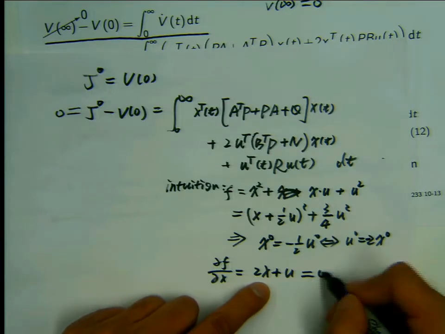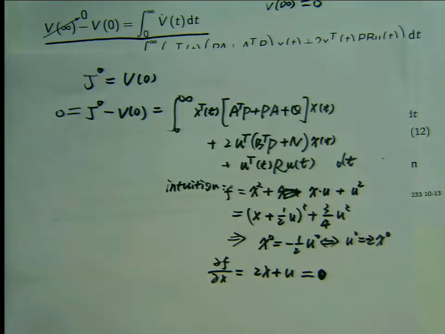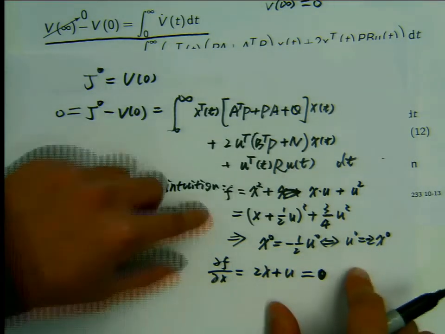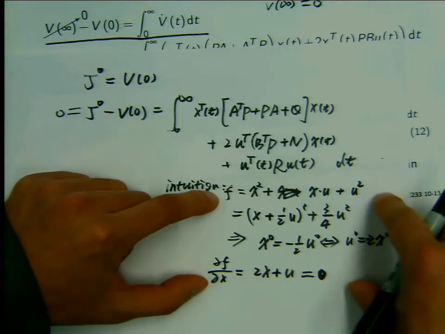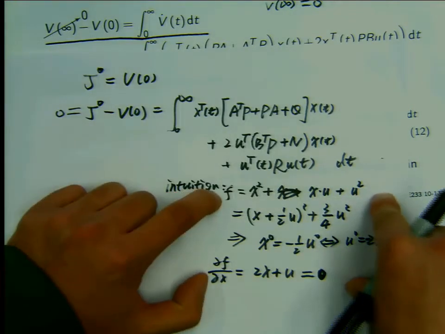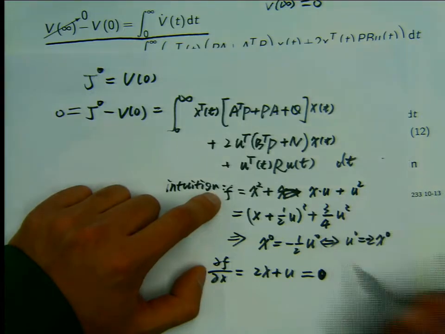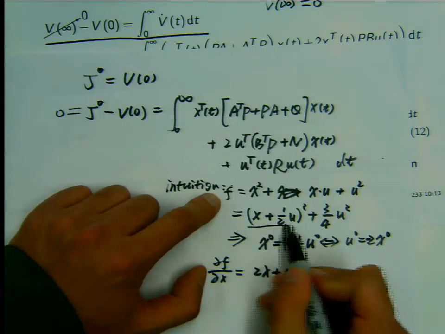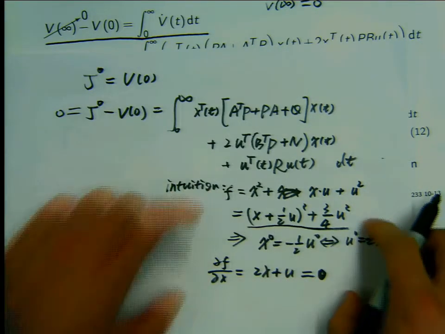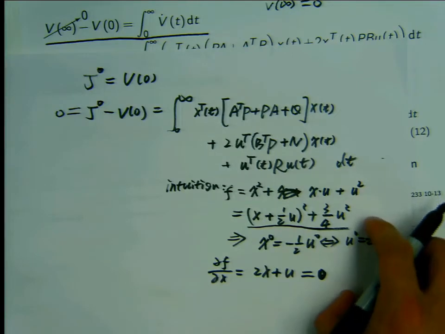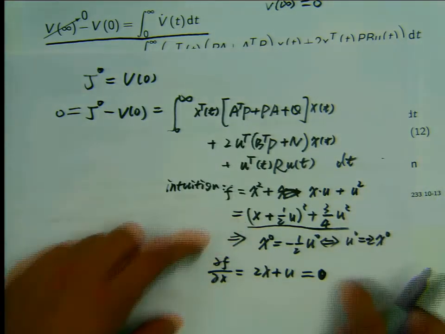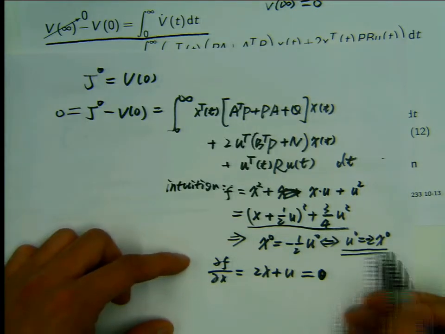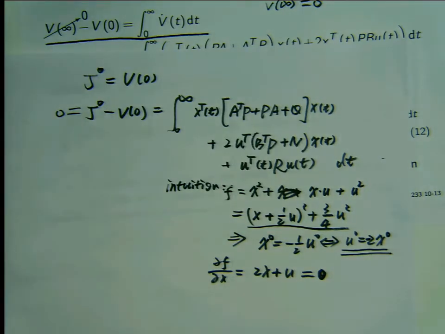So if you think about this very simple example, what you actually do in minimizing whatever quadratic functions is minimizing this summation of squared terms. As long as you can break it into this form, then you will know immediately what kind of u you're going to need.